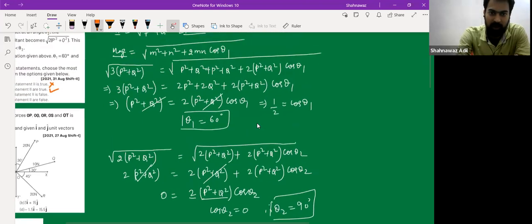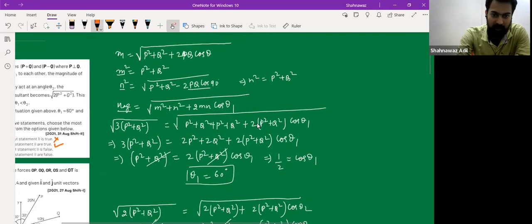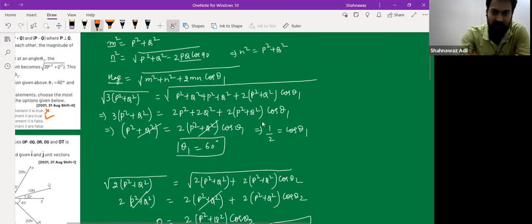Okay, so let me rub this part and do this second problem. So you guys already know the resolution of vectors, right?